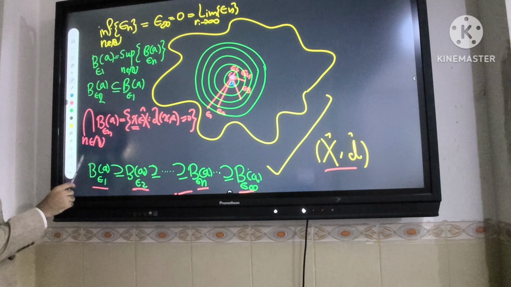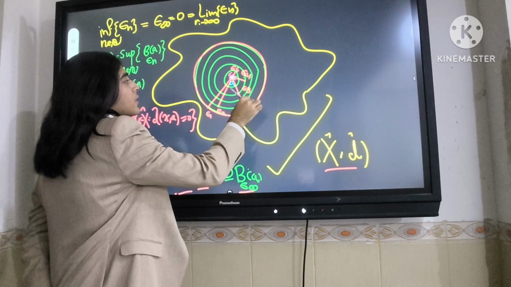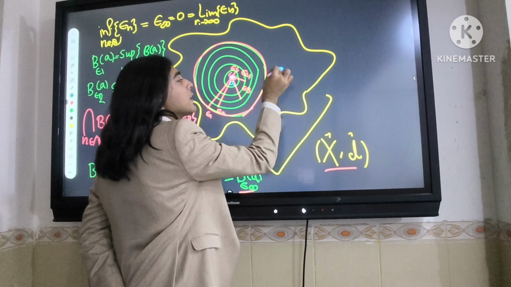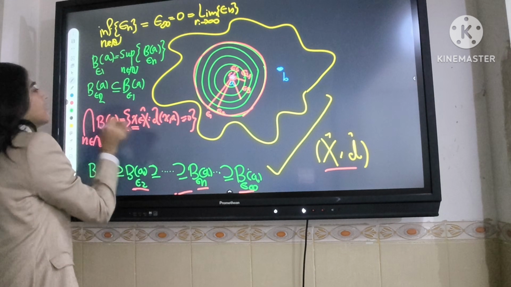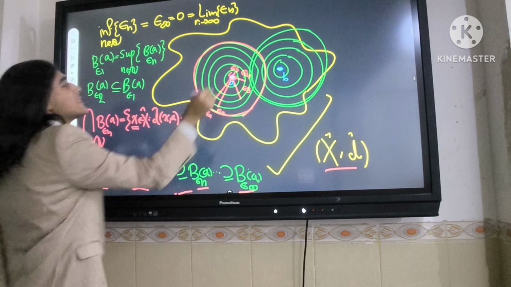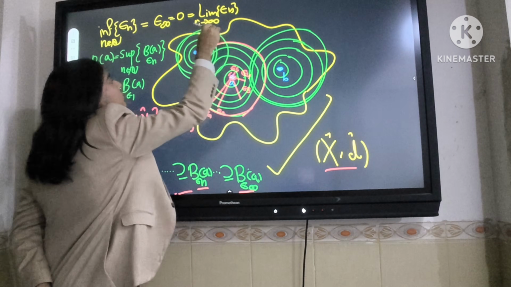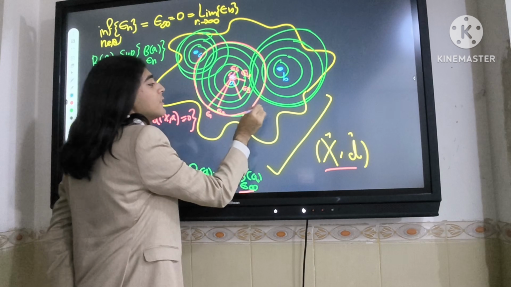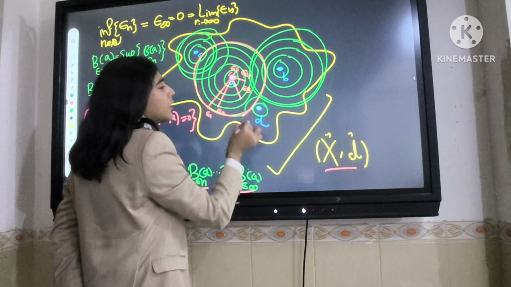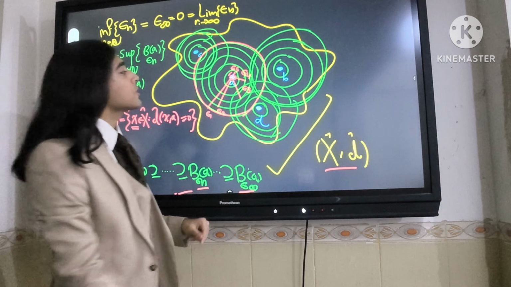Now, that is circles around A. I have also circles around B. Here I have B, I have circles around B. I have C here, I have circles around C. I have D, and I have circles around D, for all elements of the pseudometric space.